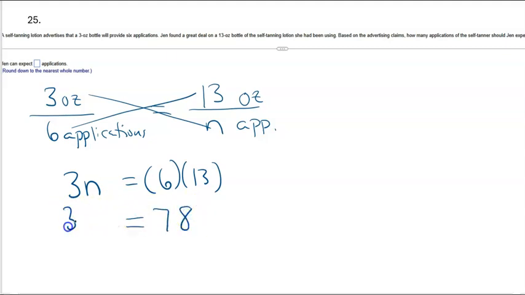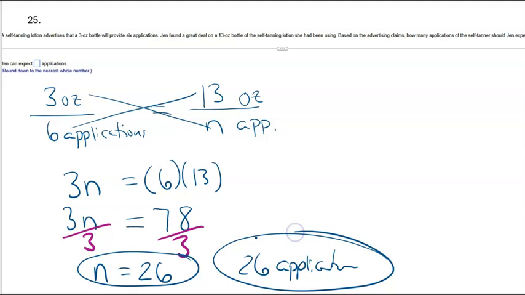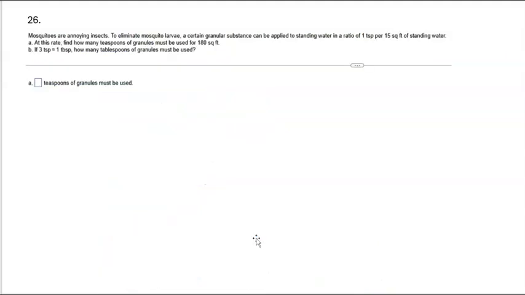And on the other side, remember this is 3n. What do I do next? You know what to do, right? You divide by 3 and divide by 3. Okay, so that's going to give me n on the left, and then I'm going to use my basic calculator and just divide it by 3, and that gives me 26. So the answer is going to be 26, and notice they already put applications for us. But if I were to write this on paper, I would have to put the units as well. That would be 26 applications.